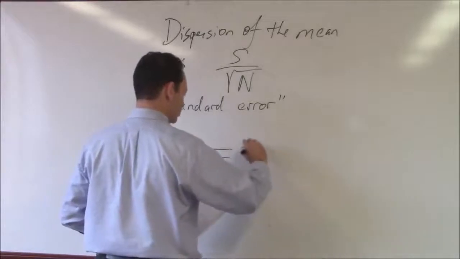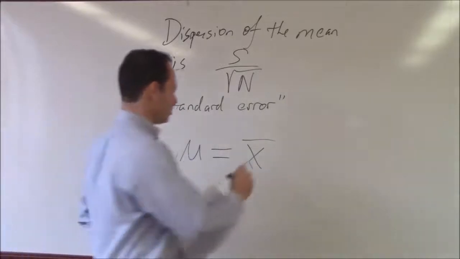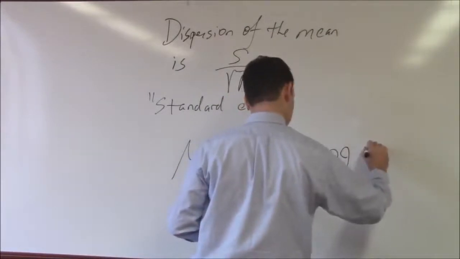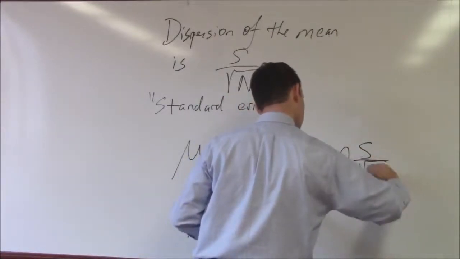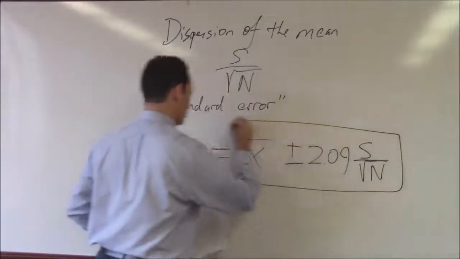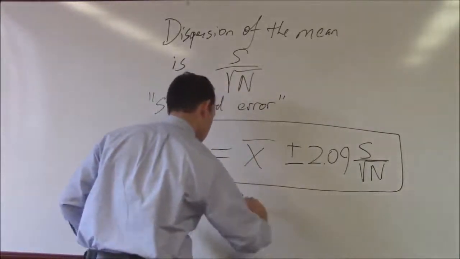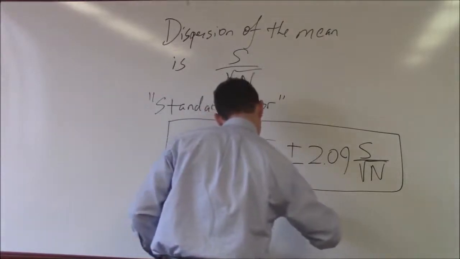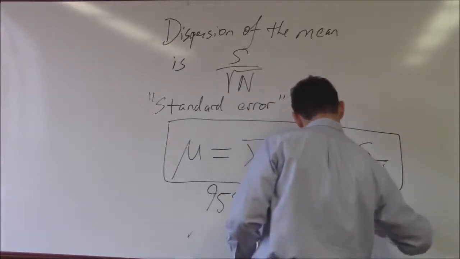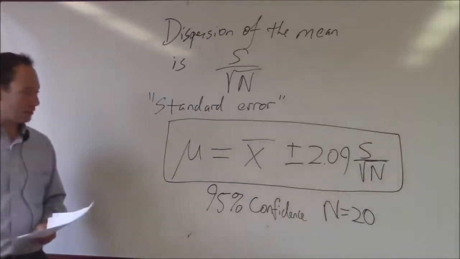The population mean should be within a 95% confidence interval, and that's for 95% confidence with 20 measurements in our data set.